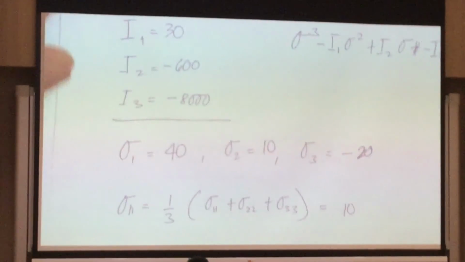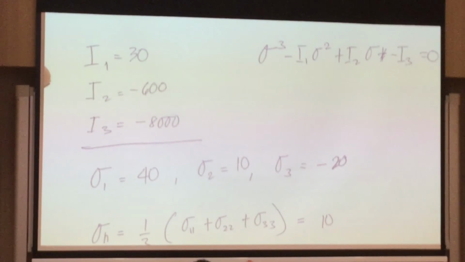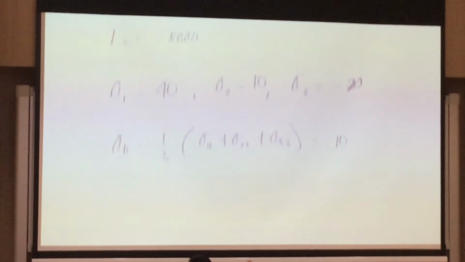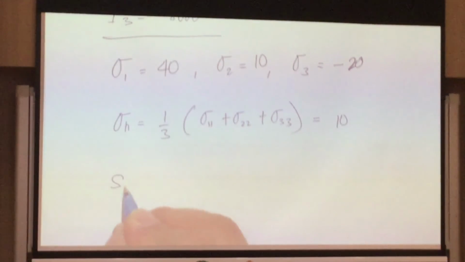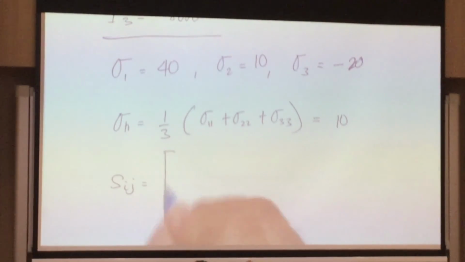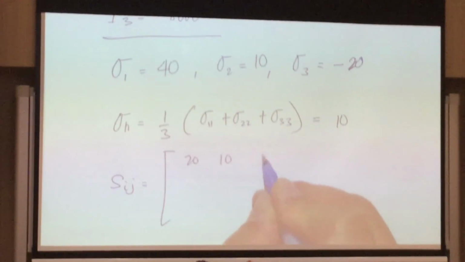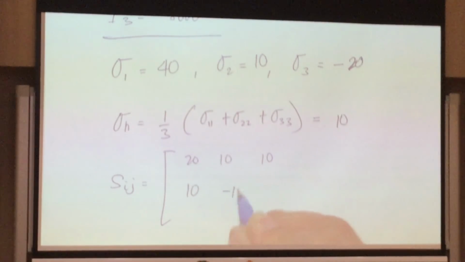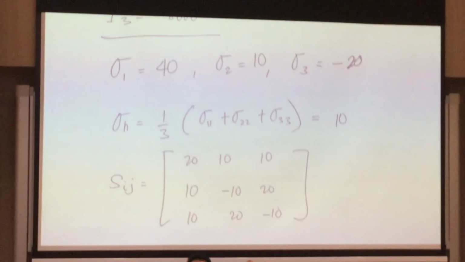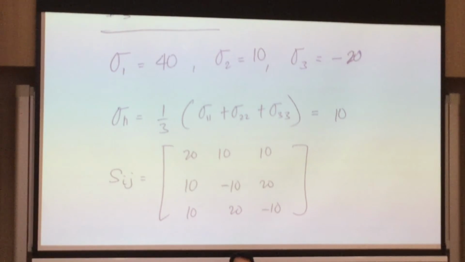And then of course, you have now your deviatoric tensor, so that will be Sij. So that is 30 minus 10, that is 20, 10. Okay? So that's your deviatoric tensor.